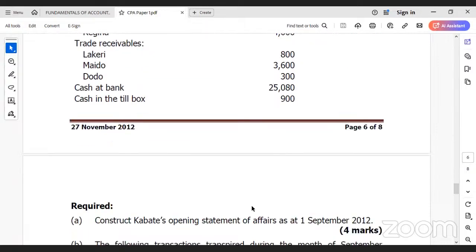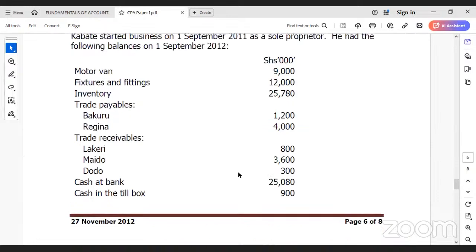I told you the statement of affairs is always prepared to arrive at the opening capital. You've been given balances for assets as well as balances for liabilities, meaning that from the accounting equation, capital will equal assets minus liabilities.